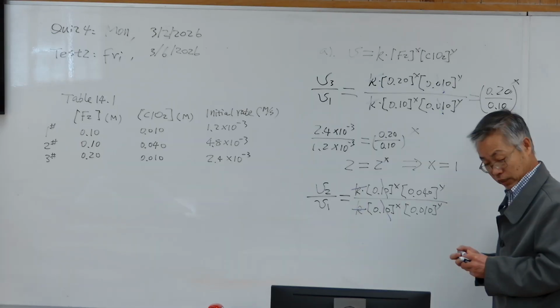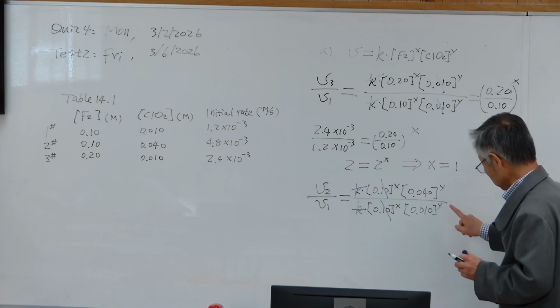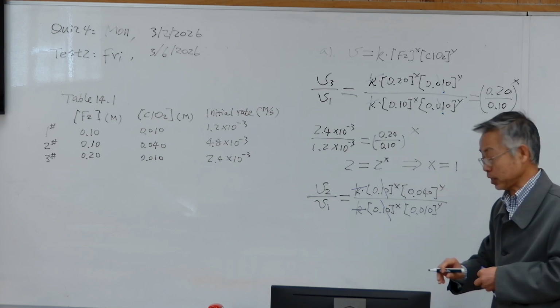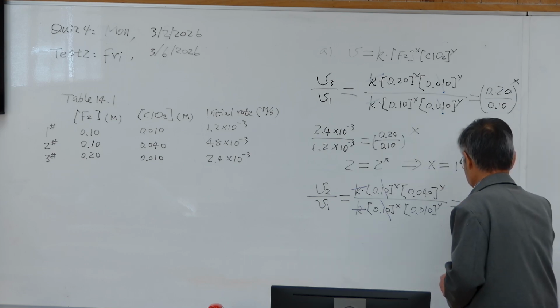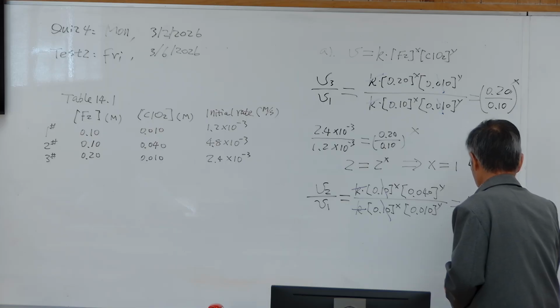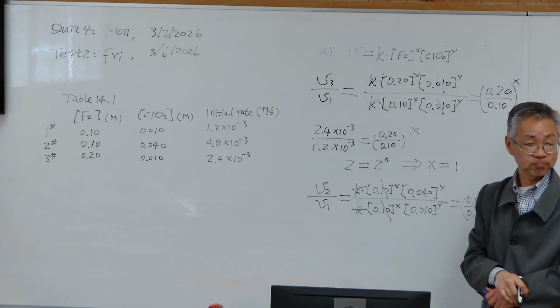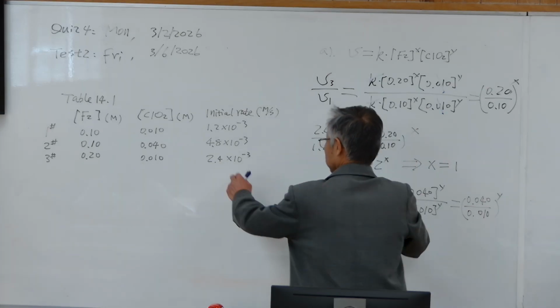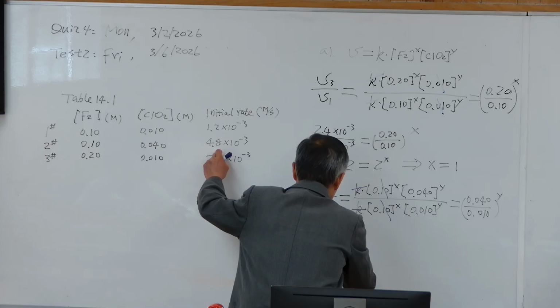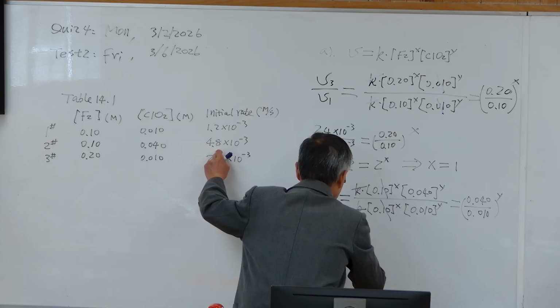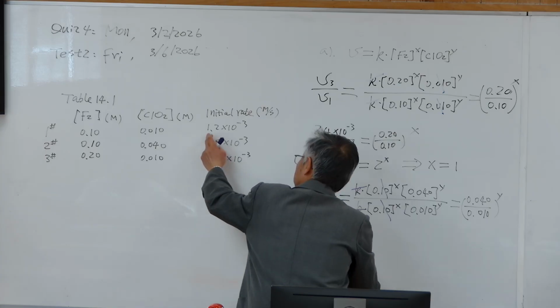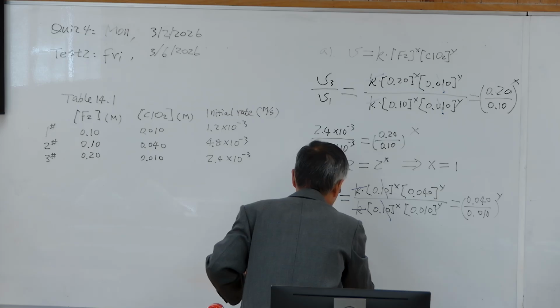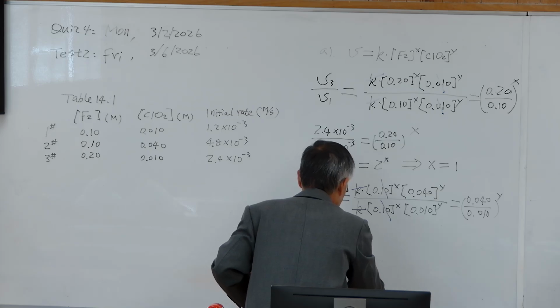So both are to the Y's power, so we combine them together: 0.04 over 0.01 to the Y's power. And according to this table, V2 is 4.8 times 10 to the negative third, and experiment 1 is 1.2 times 10 to the negative third.